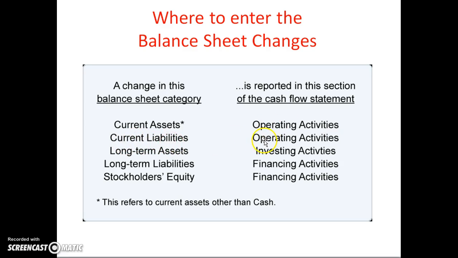Those changes will also be reported in the operating activities area. Changes in long-term assets will be reported in the investing activities section of the cash flow statement. And the long-term liabilities and stockholder equity changes will be reflected in the financing activities section of the cash flow statement.